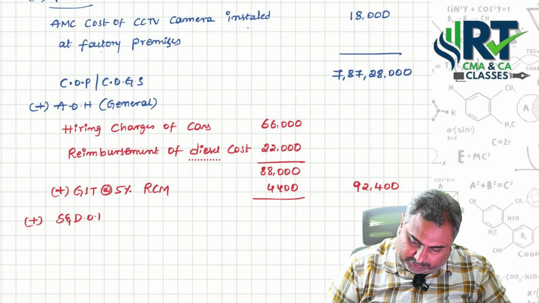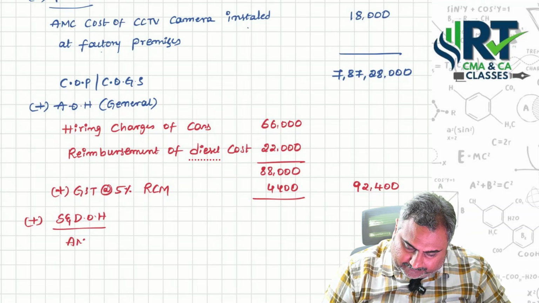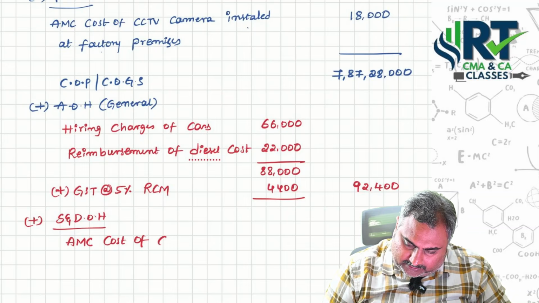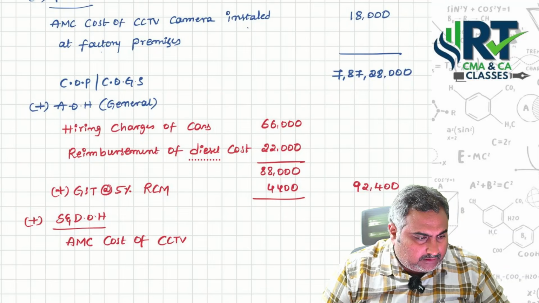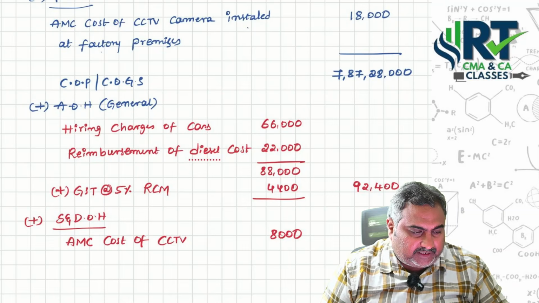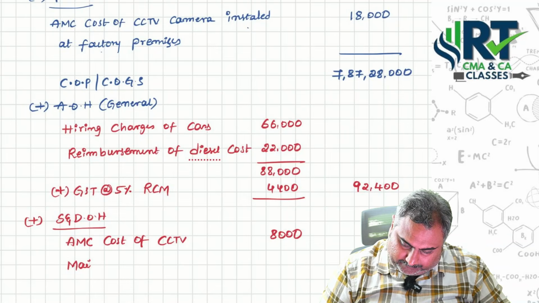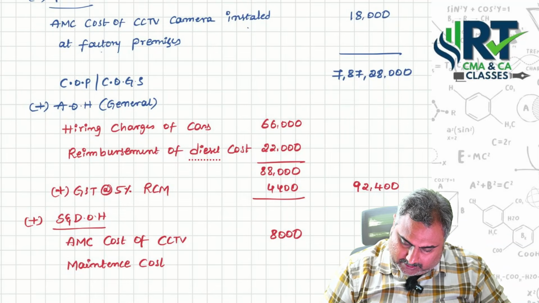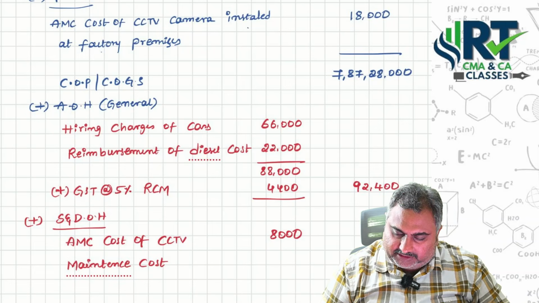Okay, now add selling and distribution overheads. First one is the AMC cost of CCTV. How much? 8,000. Okay. At the same time they are spending maintenance cost for the weighing bridge.